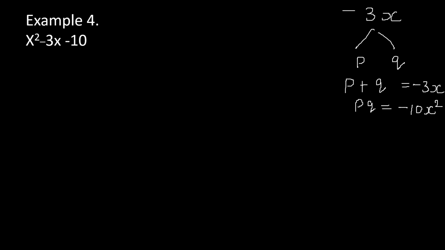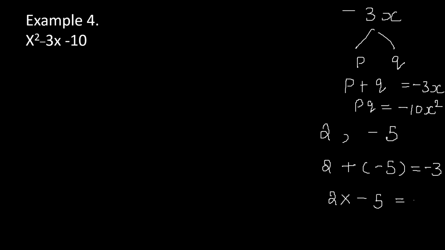If we add them, it should give minus 3, and if we multiply them, it should give minus 10. So 2 and minus 5. 2 plus minus 5 gives us minus 3, and if we multiply them, it gives us minus 10. So these two terms are perfect for our quadratic polynomial.